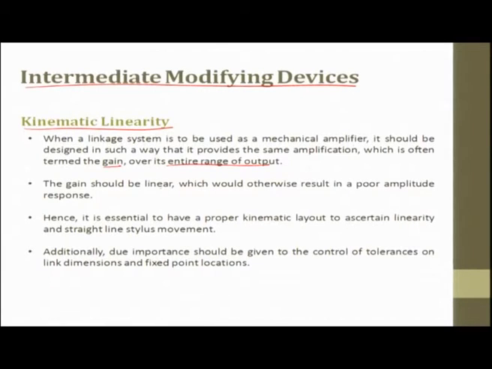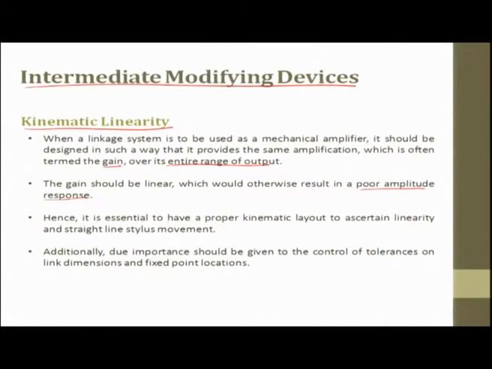The gain should be linear, which would otherwise result in poor amplification. That is why in all the sensors or transducers they specify the working range. Why do they specify the working range? Because in that working range there is a linear response. Basically, when you have a linear response, you can write a mathematical equation and cross correlate the y and x parameters without any error term.